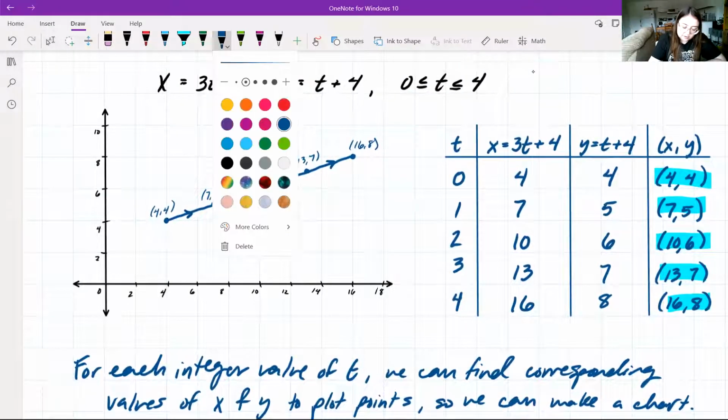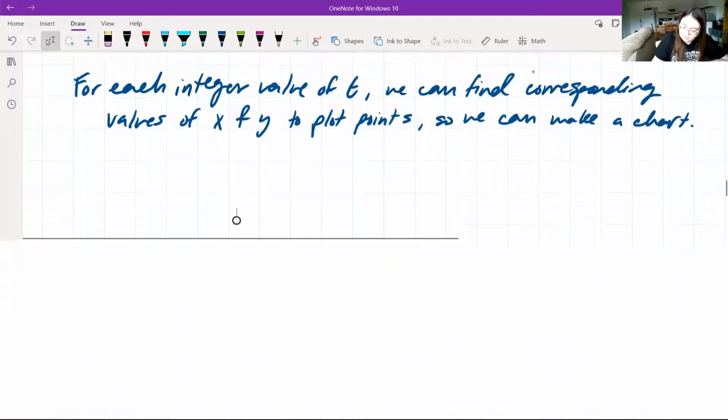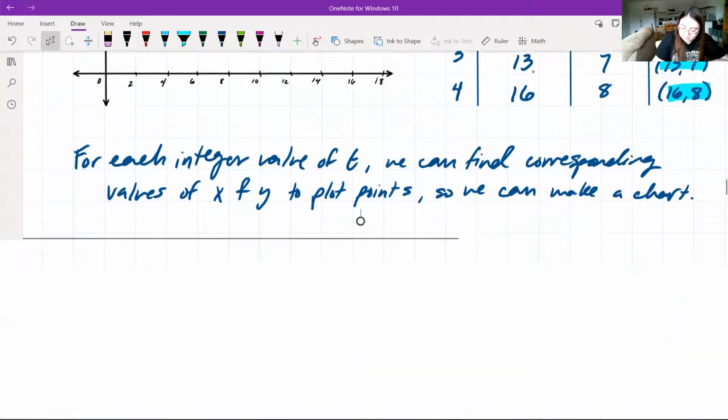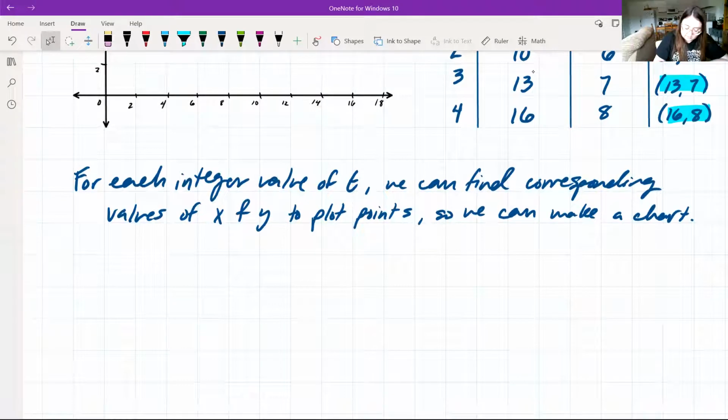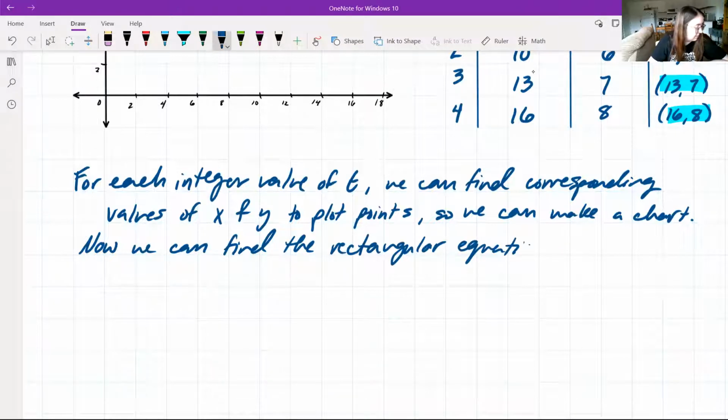So we did the first part, and now we want to do the second. So we can say that now we can find the rectangular equation of the curve.